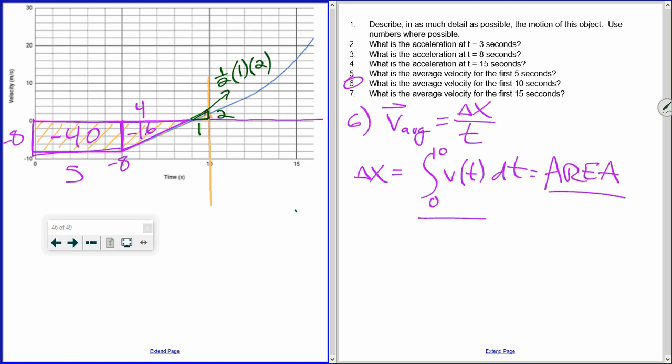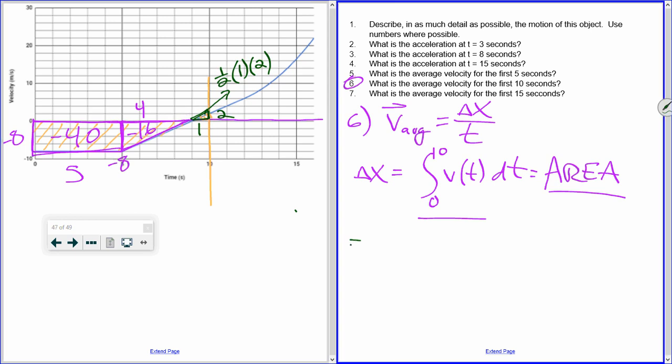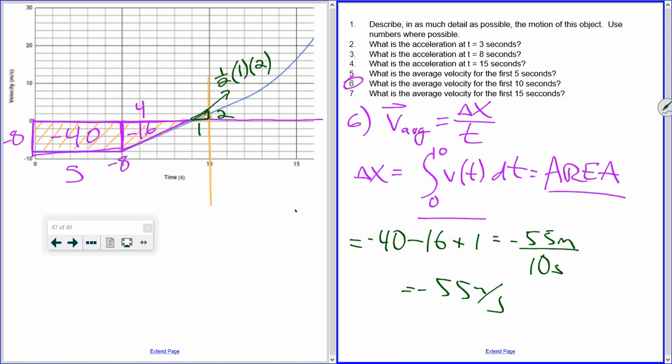This is 2 meters a second. So it looks like my displacement is -40 minus 16 plus 1. So -56 plus 1 is -55 meters in 10 seconds. So -5.5, sorry, meters per second is my average velocity.